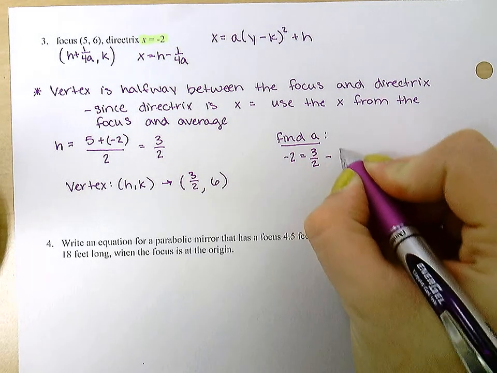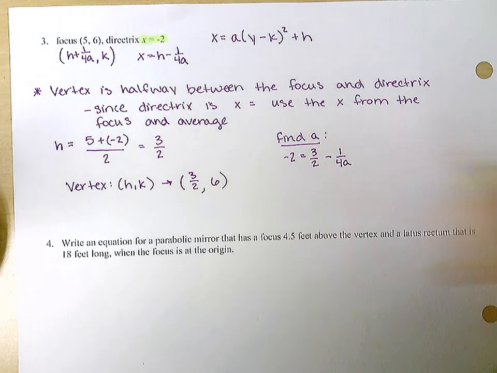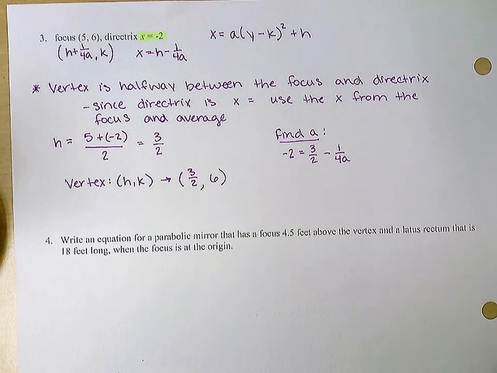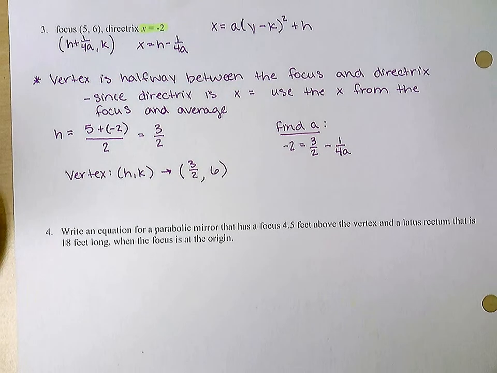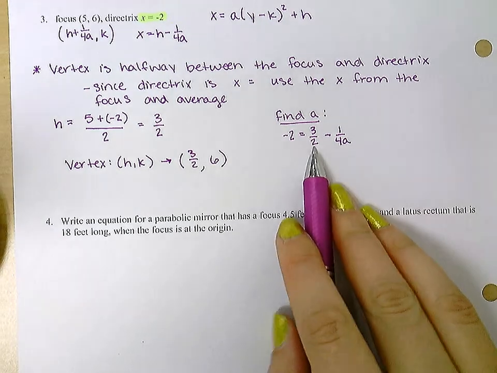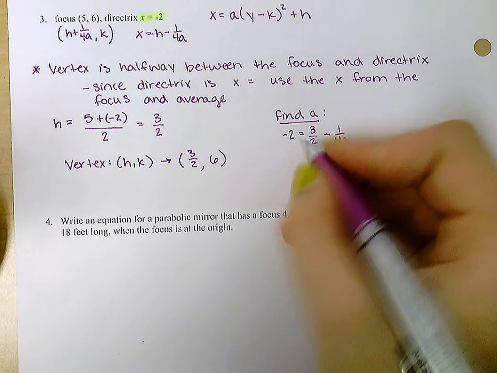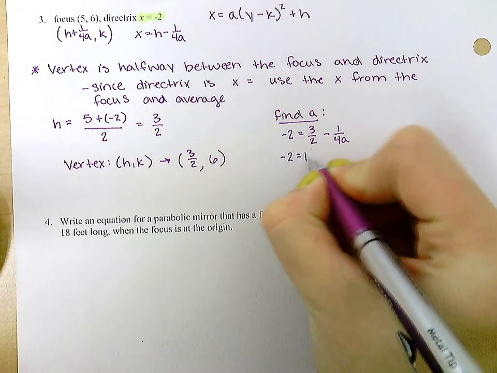And then the rest of my equation is -1/4a. I'm going to change this 3/2 to 1.5 just because I know you like that a little bit better.